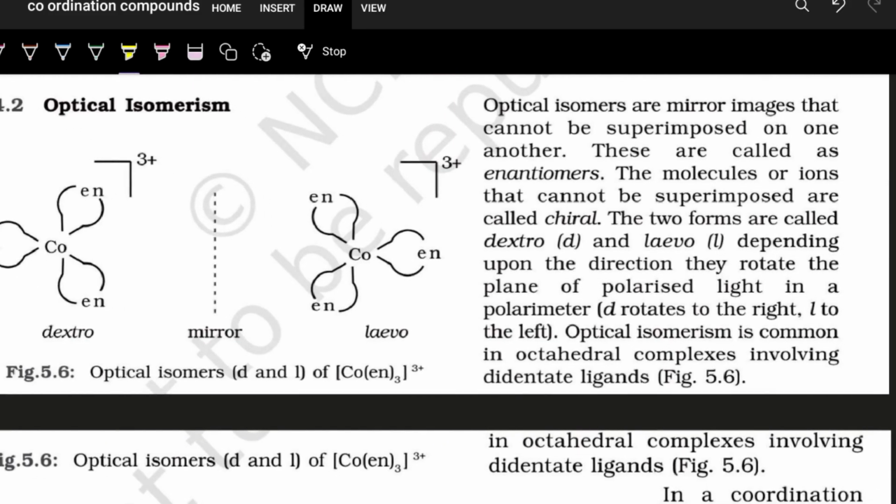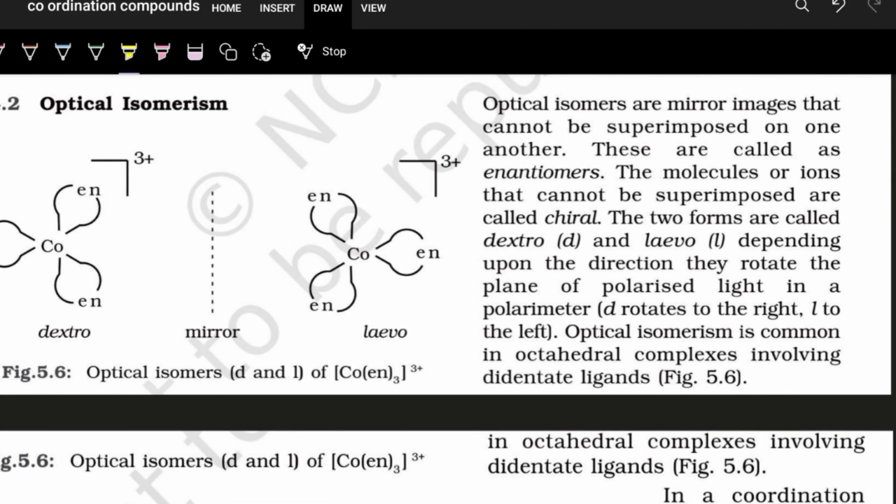Now, optical isomerism, what are they? They are the dextro form and the levo form. They are mirror images and are non-superimposable mirror images of each other, that is, they are enantiomers. The molecules or ions that cannot be superimposed are called chiral.